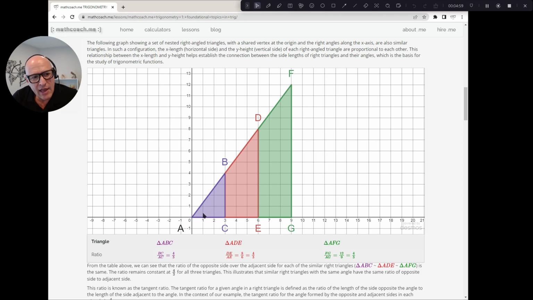So for the angle at A, the ratio of the length of the opposite side over the adjacent side is the tangent ratio, and that's equal to 4/3. And that's the same for our red triangle. The tangent ratio for the angle at A is equal to the length of the opposite side, 8, divided by the length of the base, 6, which is 8/6, or 4/3, and so on.